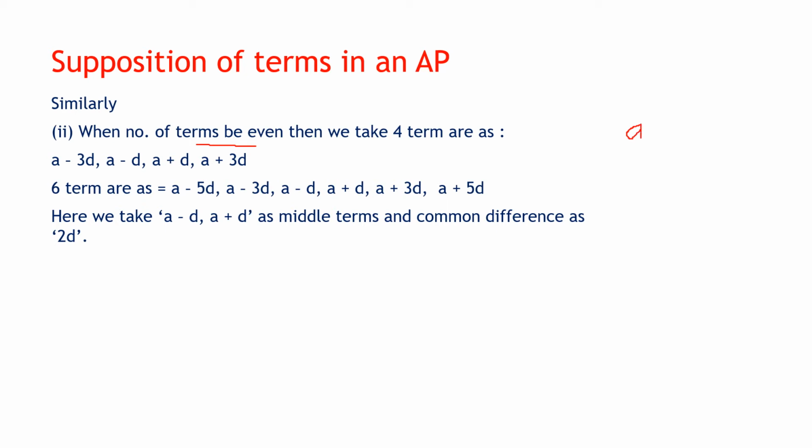Because if you take a as the middle term, then you get a plus d as one term, a plus 2d, and on the left you get a minus d.